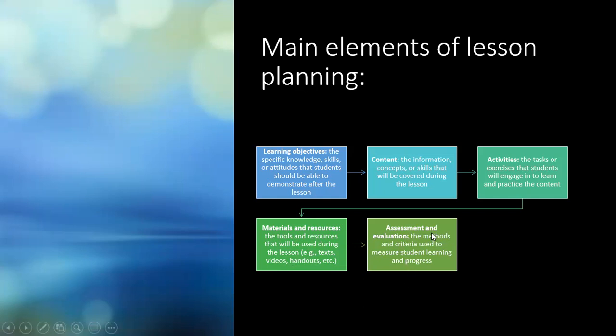Finally, the assessment and evaluation, the methods and criteria used to measure student learning and progress. I was very concerned last year when I noticed that some of you and other teachers assign 100% of the score for oral presentation, participation and homework.